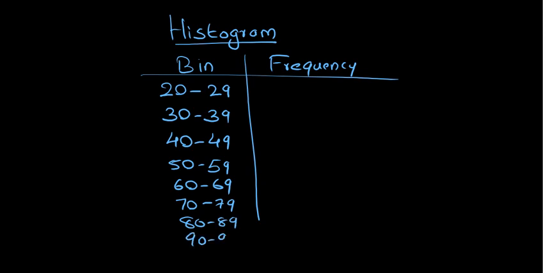You can choose the bins depending upon the observations. You can also choose bins of a smaller size, for example a different bin width. What I mean by bin width is the difference between the maximum and the minimum of the bin. For example, you can choose 20 to 24 and 25 to 29 and so on, so the number of bins increases. It is quite arbitrary. You can choose the bin width and so on.